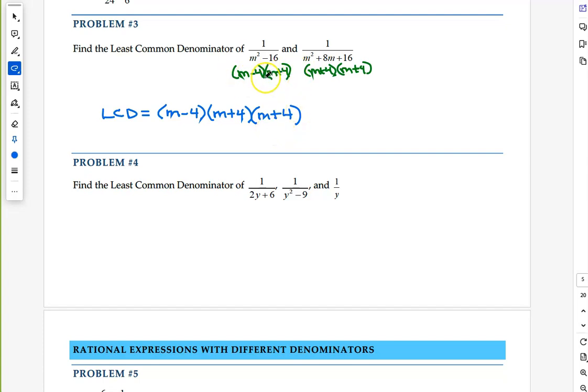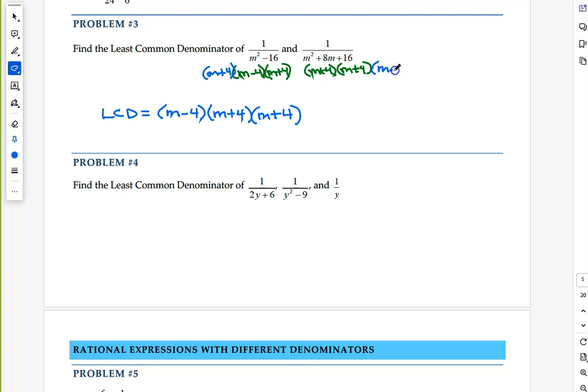So let's look at this again. If I'm thinking about what this denominator is missing that this one has, well, it needs another m plus 4. And what about this second one? What is this second denominator missing that the first one has? M minus 4.